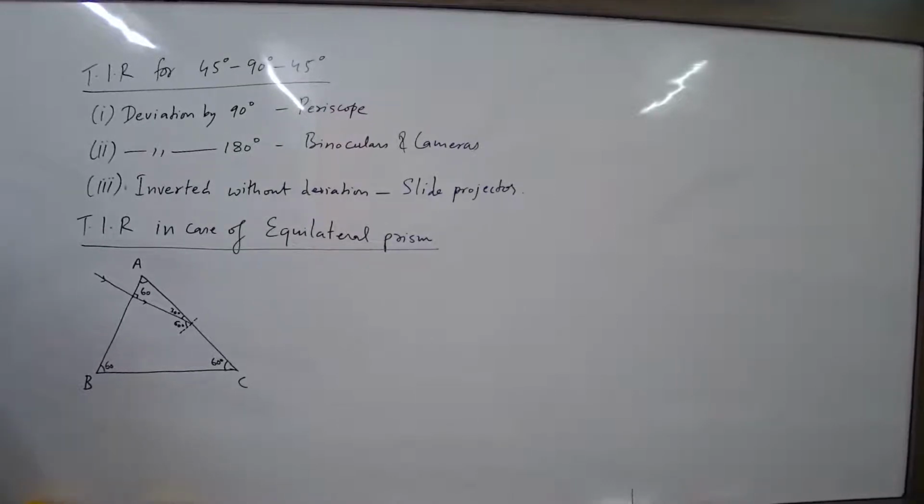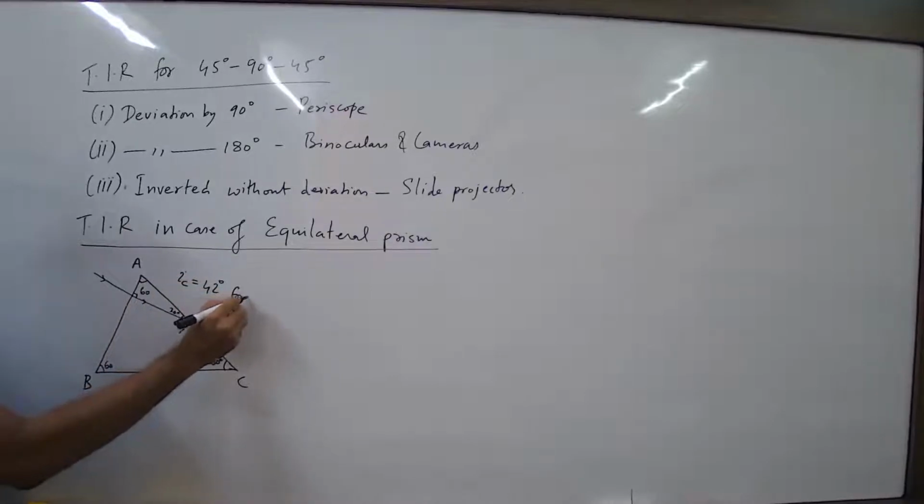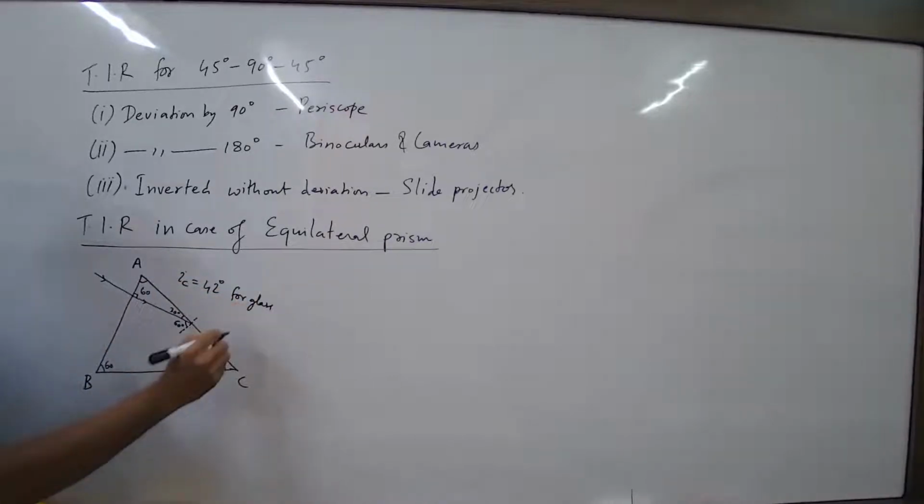Critical angle is the angle of incidence which for glass is 42 degrees, right? So i_c is equal to 42 degree for glass. And what is critical angle?